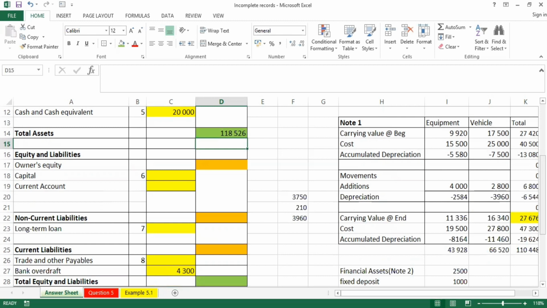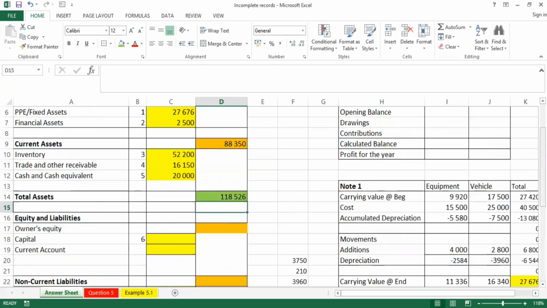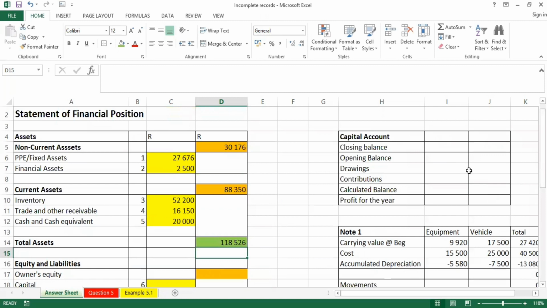So now we have to do our owner's equity, which is our capital and our current account. So we have the structure here. We can use this capital account, or we can use our statement of change in equity. I'll try to do it both ways, so let's see if I can do it both ways.